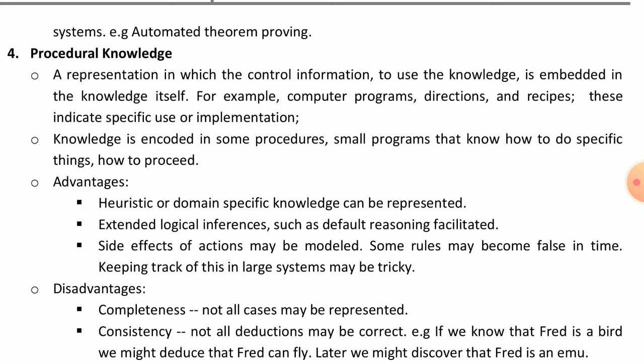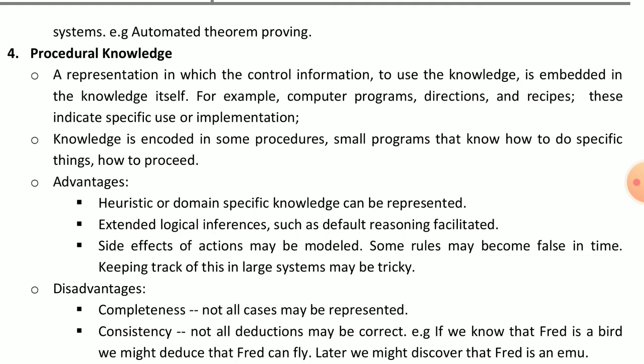Now our fourth scheme is procedural knowledge. In this scheme we can represent the information and we can use the knowledge. One example is given: computer programmers, its directions and its recipes.